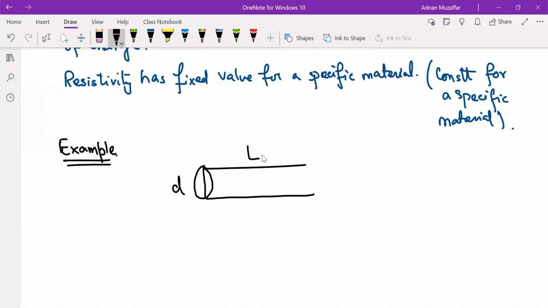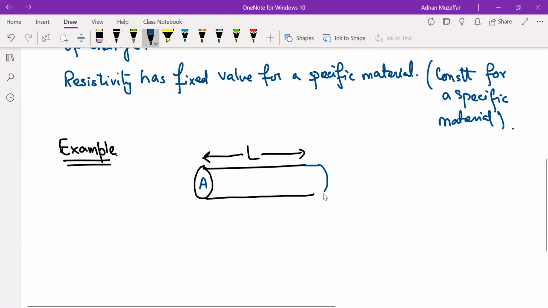And its length is L. Instead of diameter, I'll use area, just to do an easy example first. Its length is L and its resistance is R, and it's a copper wire.